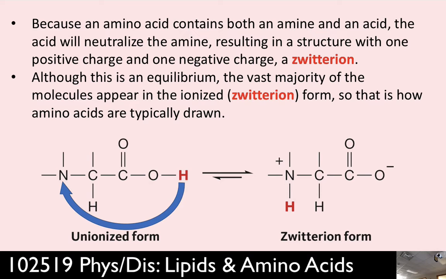Nitrogen is atomic number 7, right? And that means the first shell has 2 electrons in it. The second shell has 5, so in the valence shell there are 5 electrons in that nitrogen.